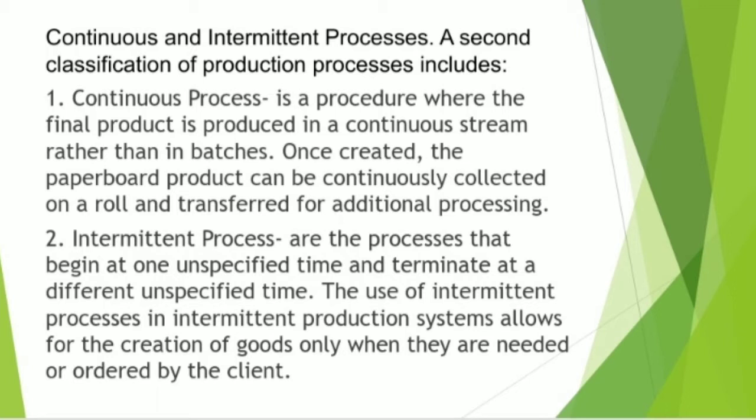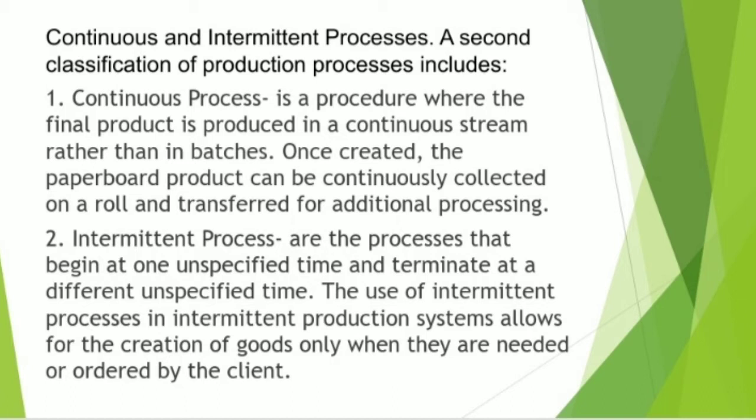Continuous and intermittent processes. A second classification of production processes includes: Number 1, continuous process, a procedure where the final product is produced in a continuous stream rather than in batches. Once created, the paperboard product can be continuously collected on a roll and transferred for additional processing.